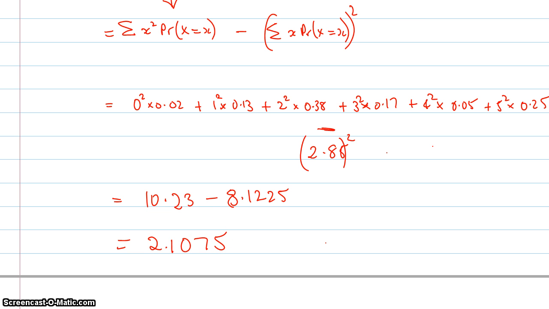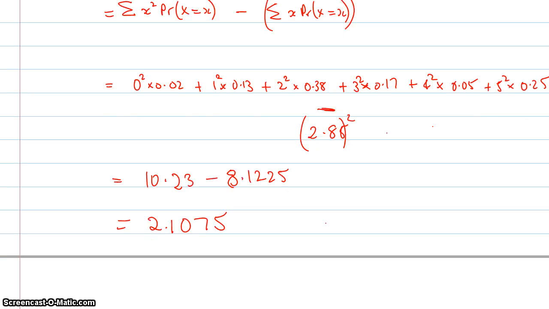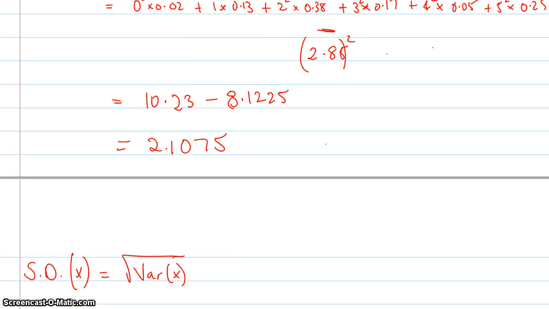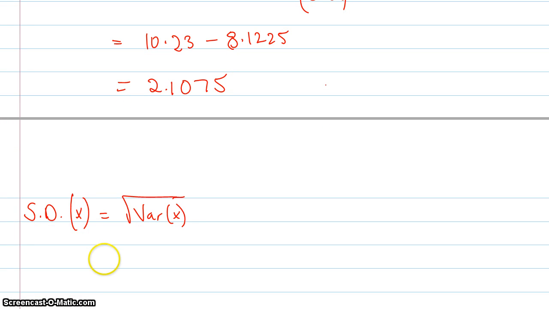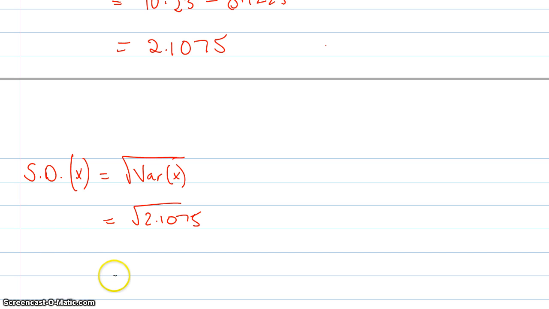Now remember the variance by itself doesn't really mean too much, but once we know the variance, we can find the standard deviation, and that helps us a little bit more. The standard deviation is simply the square root of the variance. So in this case, the square root of 2.1075, and if you bear with me just a second, I'm going to find out what that is, and it's 1.45172.